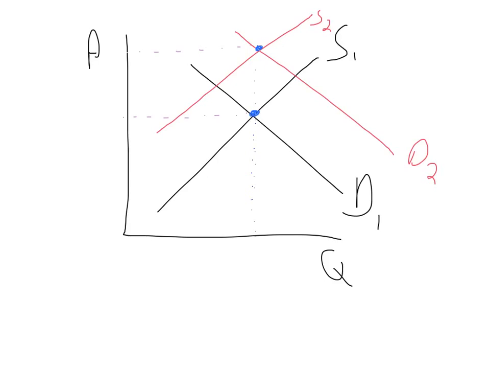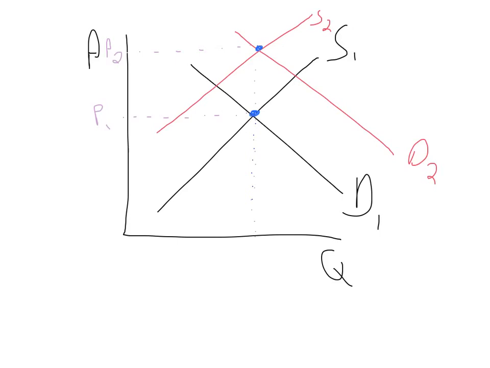Now in this case, the equilibrium price was right there for the first one, and now it's up there for the second one. So we definitely know the equilibrium price increased. Now the equilibrium quantity came out looking the same here, but this is only because we don't have numbers.